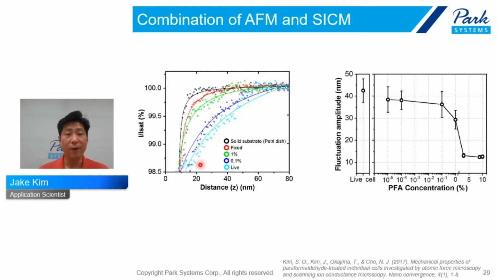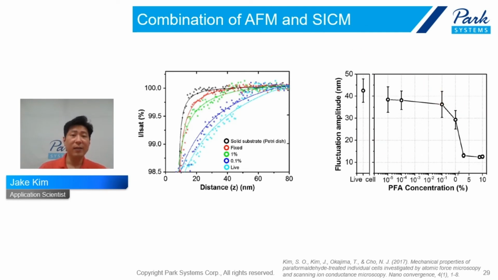Of course, in the PFA-treated cells, the ID curve lies in between. All these ID curves were fitted, and the RMS displacement of cell surface fluctuations on treatment with different concentrations of PFA is shown in this right figure.